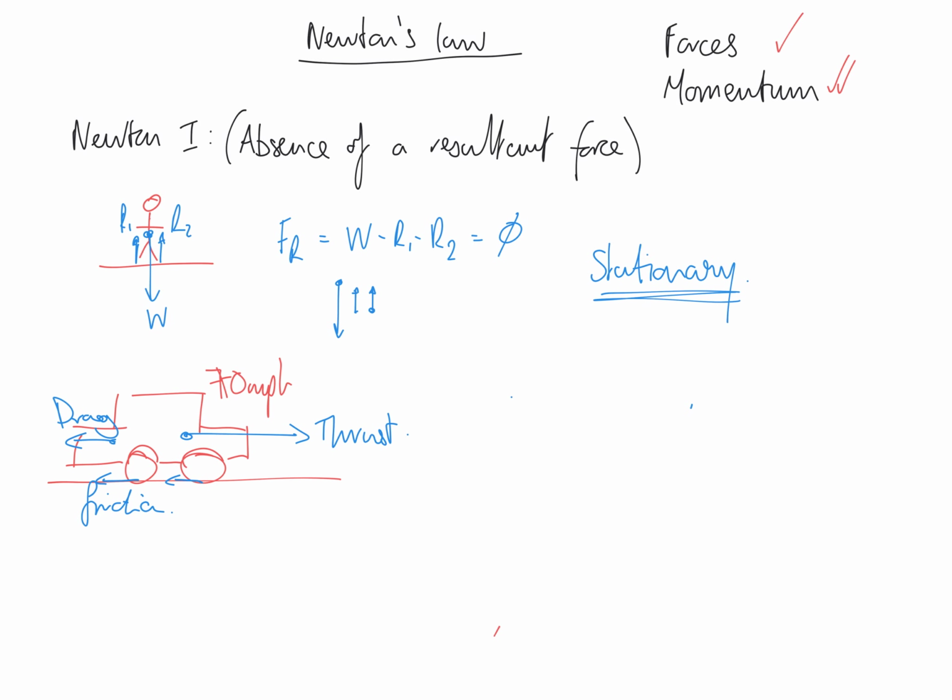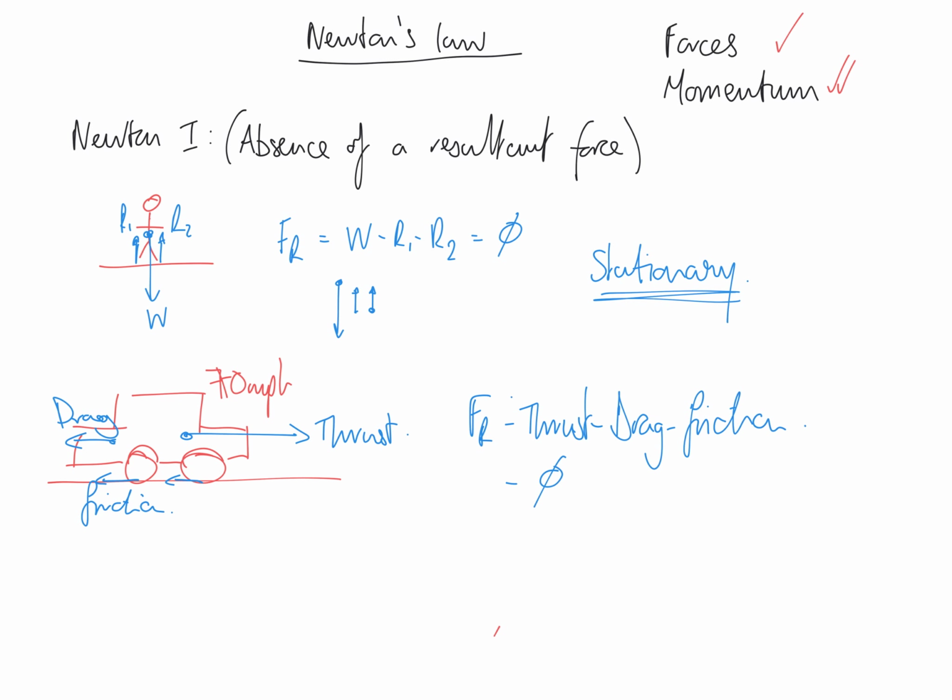So now, what's the resultant force here? Well, the resultant force is going to be the thrust minus the drag and minus the friction. And that comes out to be 0 as well. I could line up the arrows again, but it's travelling on at 70 miles per hour. The resultant force is going to be 0.